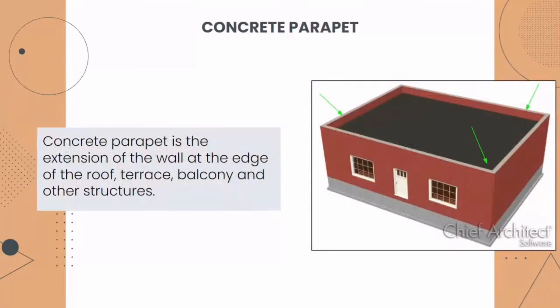So that is one of the reasons why concrete parapet is done. And for the fire safety measure, it can prevent spreading of fire, especially at the terrace houses where the roof concrete parapet can prevent the fire as the wooden trusses are not connected to the concrete parapet, so the fire will stop right there and will not spread.